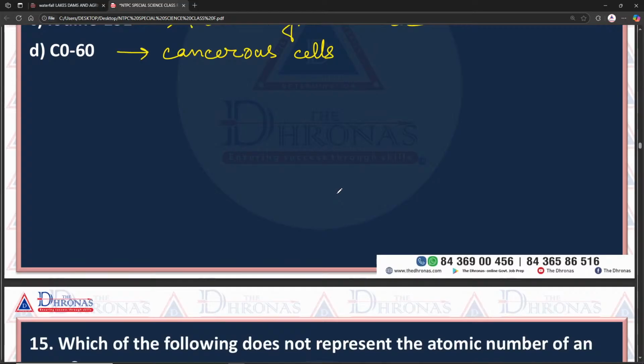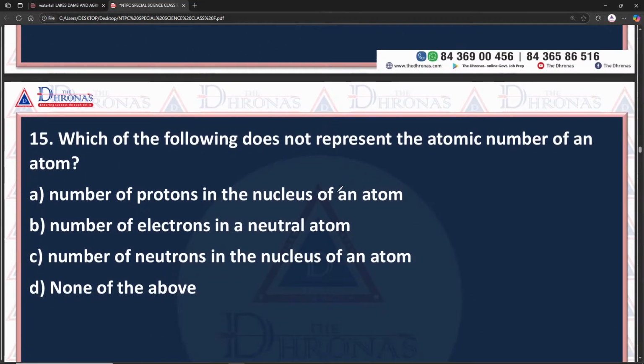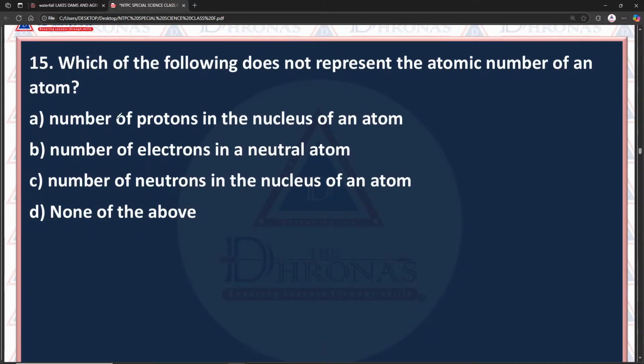Now, next question. 15. Which of the following does not represent the atomic number of an atom?